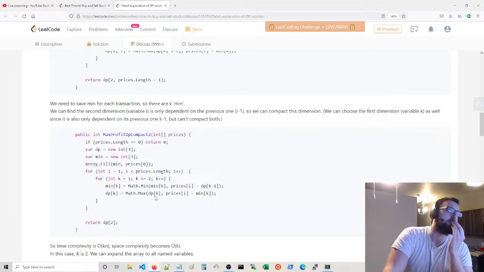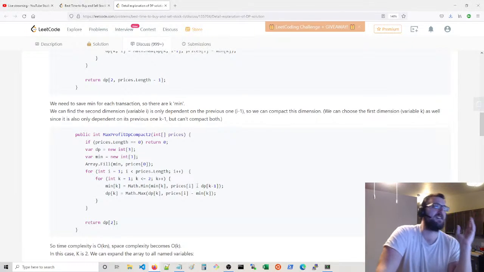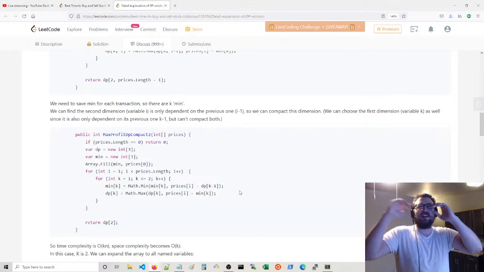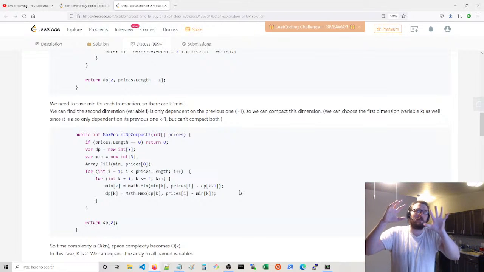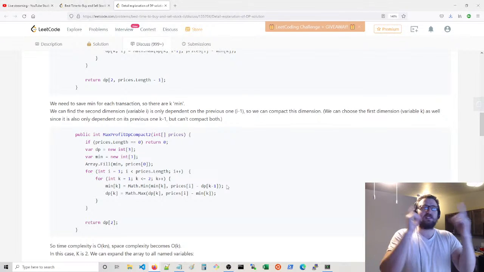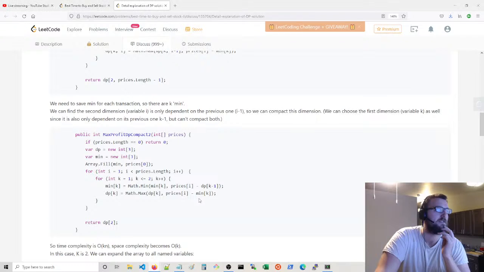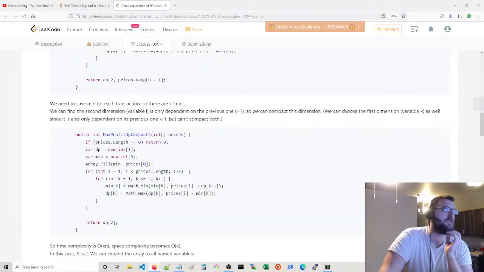It won't affect dp of 2, which is bizarre. It's like, just how did that happen? I'm totally baffled by this solution, because how do you figure that out? You have to go through all that pondering and thinking about it.